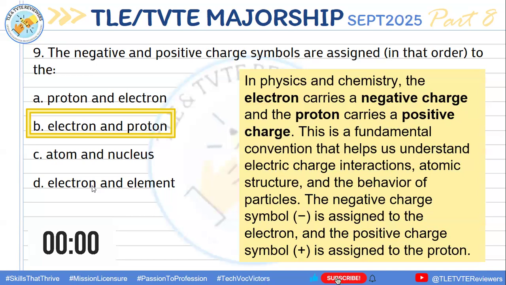Letter D, electron and element. The electron has a negative charge, but the term element refers to the type of atom, which is not specifically assigned a charge symbol in this context. Elements can have charged ions, but the question is about fundamental particle charges. So our answer is letter B, electron and proton.